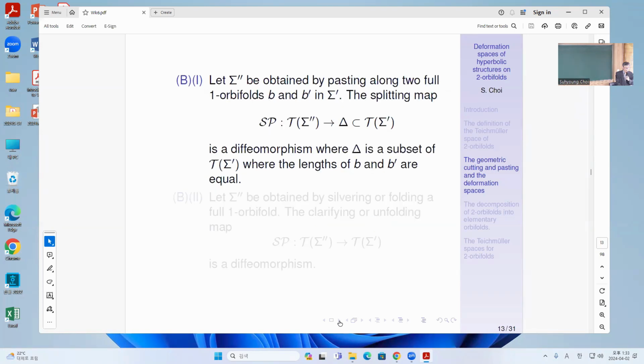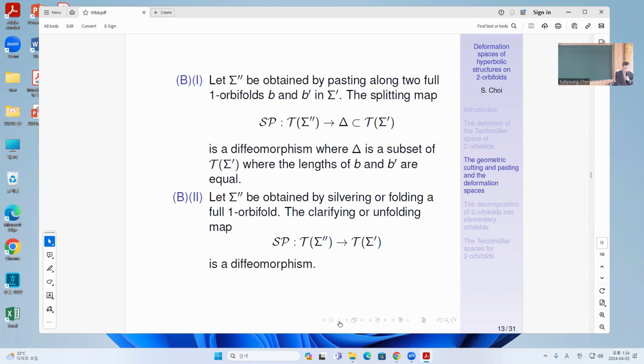And then for P1, if you paste B and B prime in sigma prime, then it goes to delta, where delta is where the lengths of B and B prime are equal. Then you can always construct a sigma double prime, but there's only a unique way to glue by isometry, so this is just a diffeomorphism to delta.